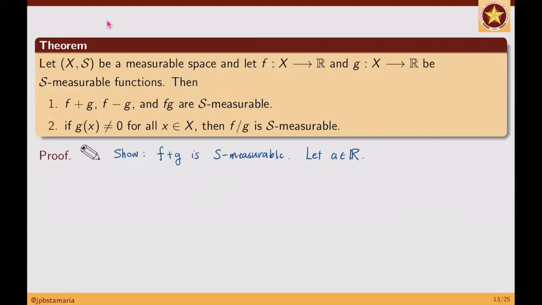Sa isip natin, anong kailangan nating mangyari? Kailangan yung inverse image ng interval na ito under the sum ay nasa S. Mapakita mo na nasa S, for all a.